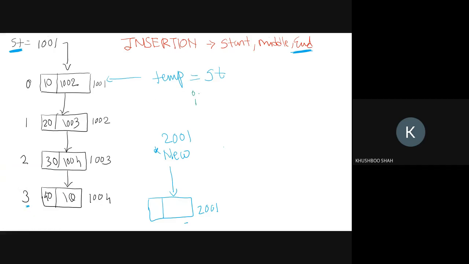If temp next is equal to null, you can do either thing, is equal to null or is not equal to null. If it is equal to null, then I can create the link.